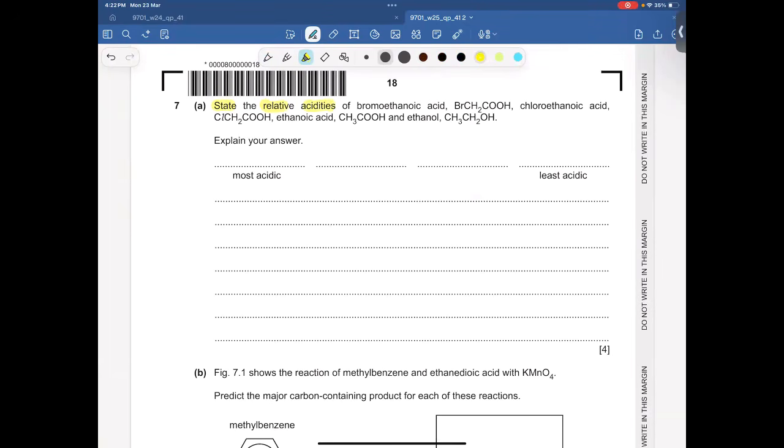State the relative acidities of bromoethanic acid, chloroethanic acid, and ethanic acid and ethanol. Well, the more electronegative element is attached to carboxylic acid, the easier the removal of hydrogen ion, the stronger the acid, which means chloroethanic acid is the most acidic one.